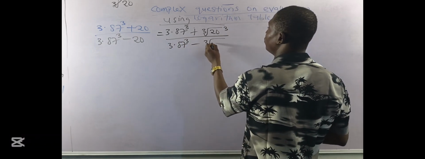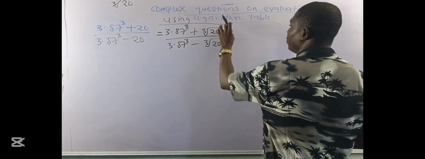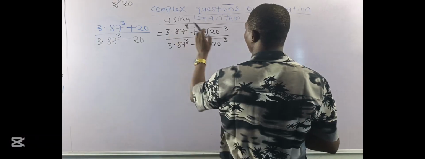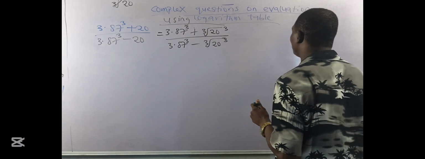minus the cube root of what? 20 raised to power what? 3. Now this can be written as difference of what? Sum of 2 cubes, and this difference of 2 cubes.